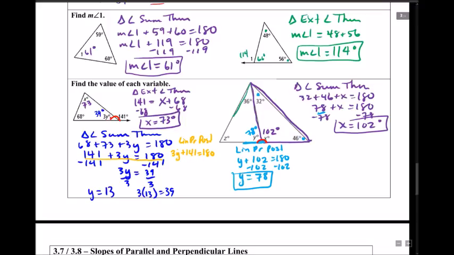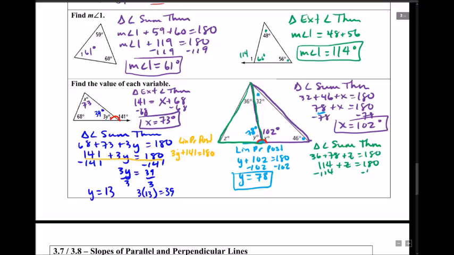All right, and now I'm going to look at this triangle over here. Cover the one up on the right if you need to. And I'm going to use my triangle angle sum theorem again and do 36 plus 78 plus z is 180. So 114 plus z is 180.